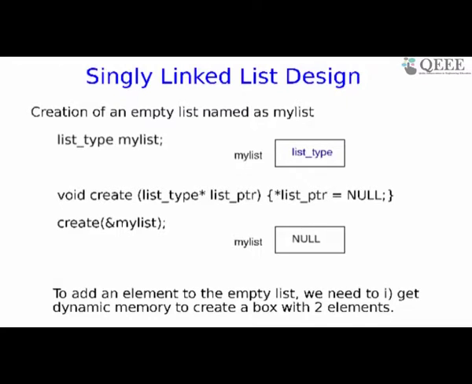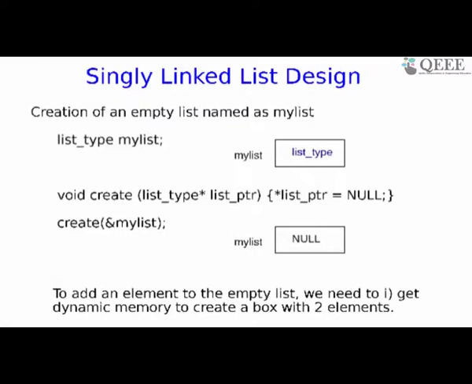It's basically a space for a pointer, and I've said 8 bytes for all pointers is my standard prescription, which is for my machine. So for my list on the stack, 8 bytes and nothing else will happen when you do this. List_type is the name of a type, which is a pointer to a box. Box itself is another type which is described earlier. But my list basically has 8 bytes for a pointer, and it is uninitialized by virtue of what I have written on the first line.